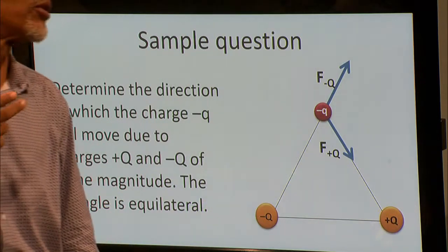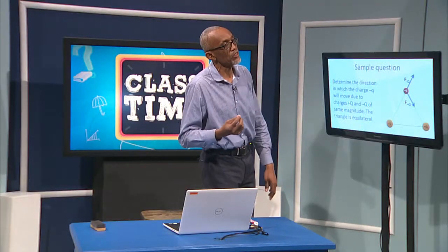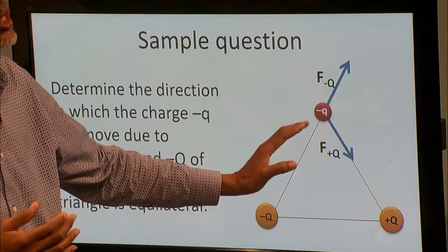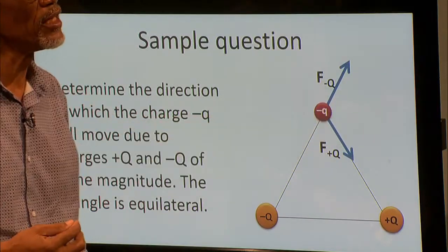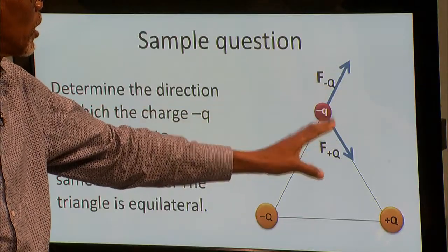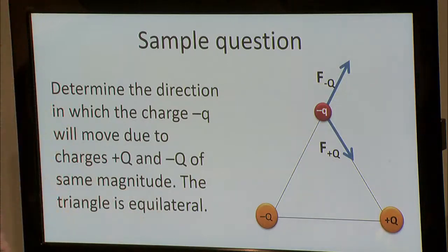Cast your mind back to when you did mechanics and vectors about using the parallelogram of forces. You would complete a parallelogram, and when you complete the parallelogram, the line joining the resultant vector would be the diagonal. And so in order to determine the force that is acting on Q, we complete a parallelogram.